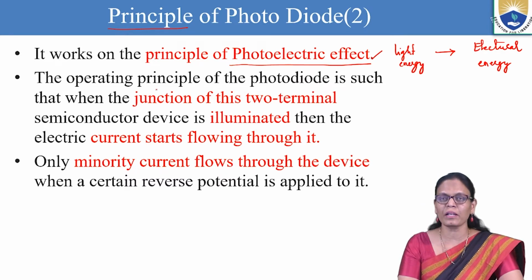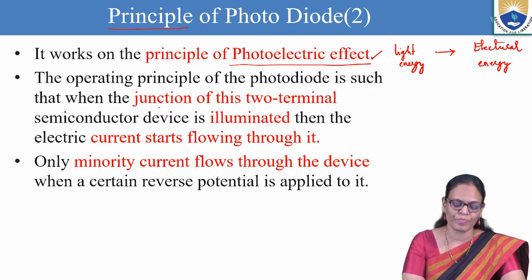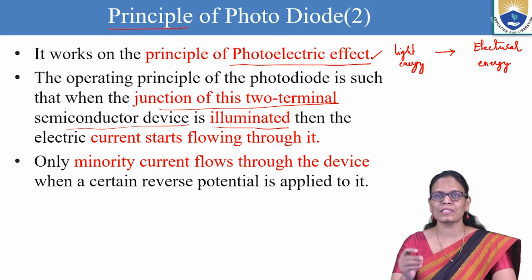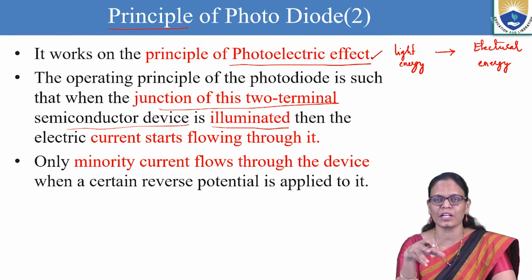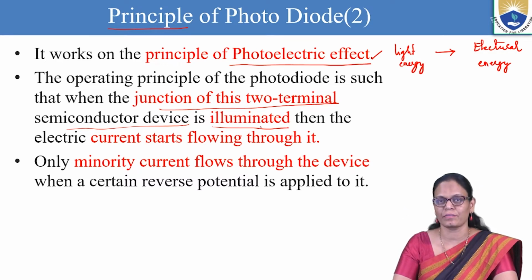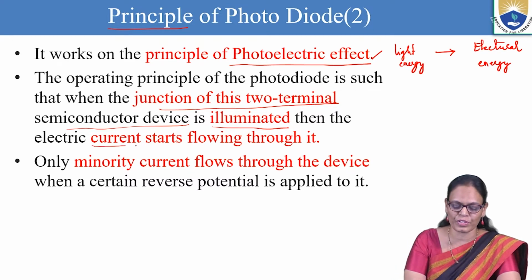So the operating principle is such that when the junction of this two-terminal semiconductor device is illuminated, illuminated means when some light falls on the junction diode, we are allowing some light to fall onto the junction diode, so we say it is illuminated. Means when light falls on the junction, then electric current starts flowing through it.